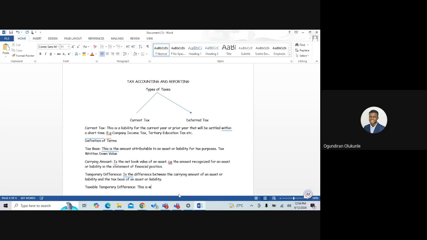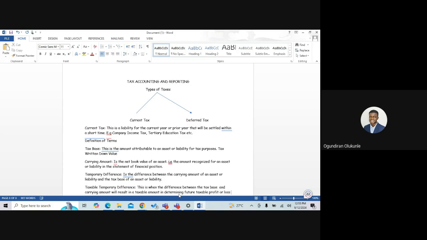This is when the difference between the tax base and carrying amount will result in a taxable amount in determining future taxable profits or loss.